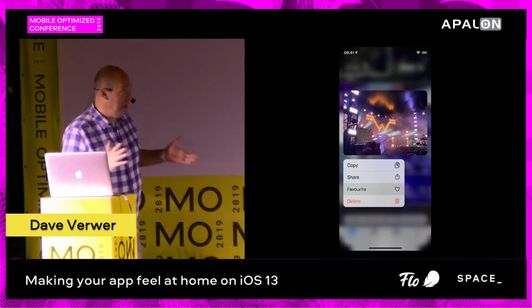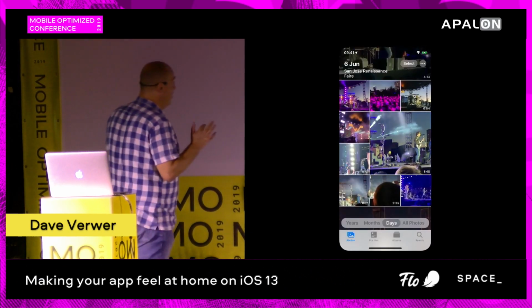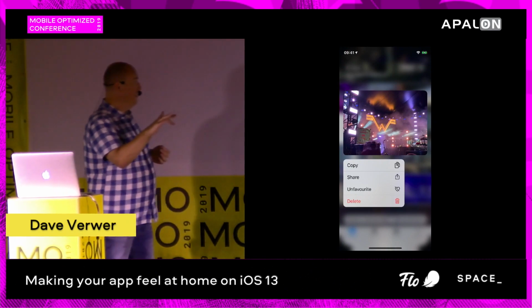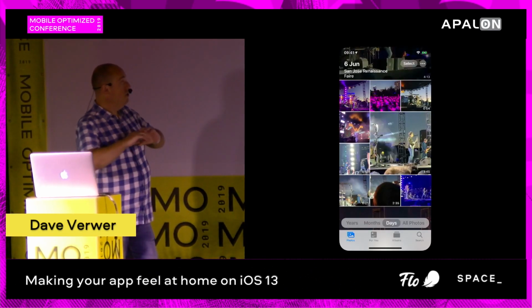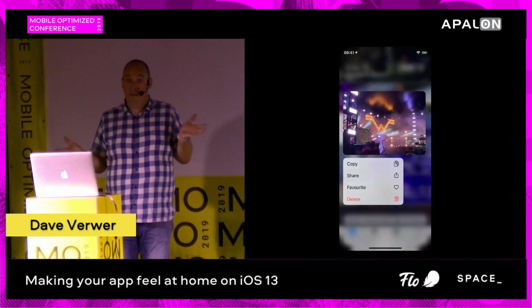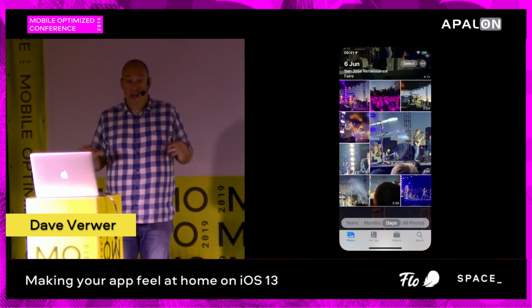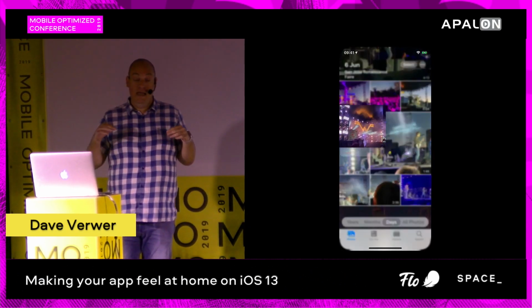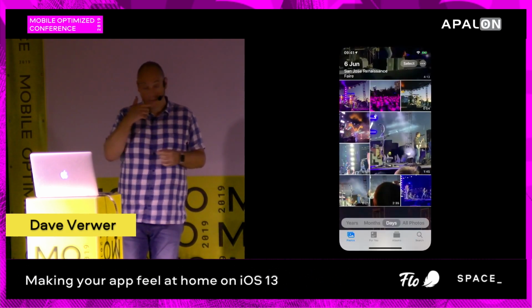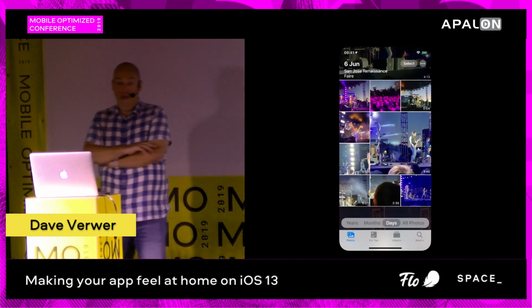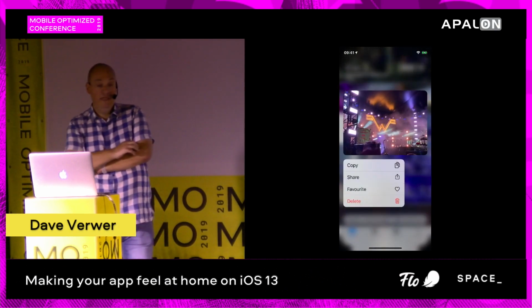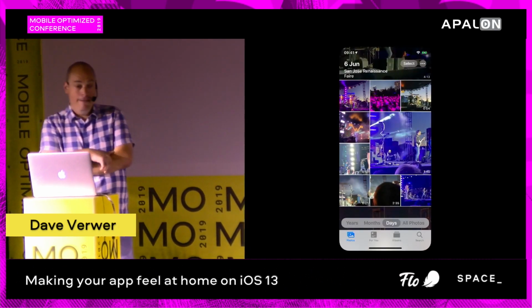For example, here in Photos, when you tap and hold on a photo or a video, it's going to do that same peek and pop functionality, but it's also going to show you a context menu. Context menus are fantastic, and they are really good for discovery.